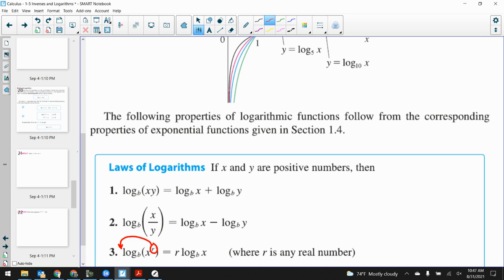And just like we saw as we change the base of an exponent, if we change the base of a logarithm, it's going to make it more shallow or more steep, depending on the base. If I make the base a fraction, it's going to flip it. If I increase the base, it's going to make it steeper and steeper.